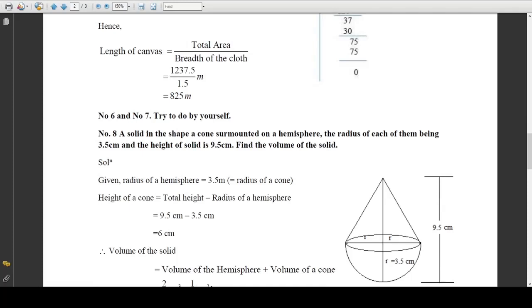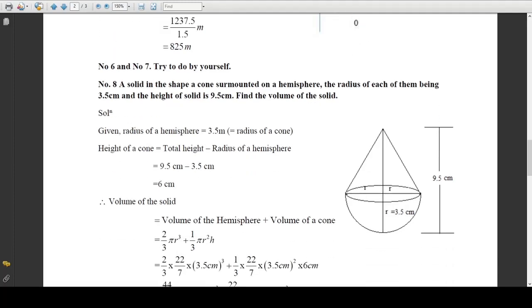The radius of each of them being 3.5 meter, meaning the radius of the hemisphere and the radius of the cone is the same, 3.5 meter, and the total height of the solid is given to be 9.5 meter. Find out the volume of the solid.